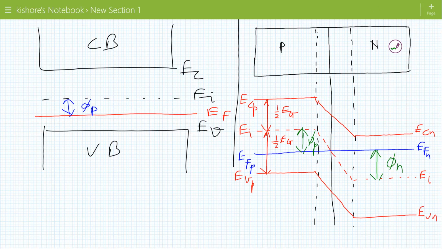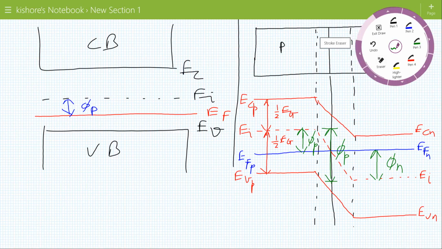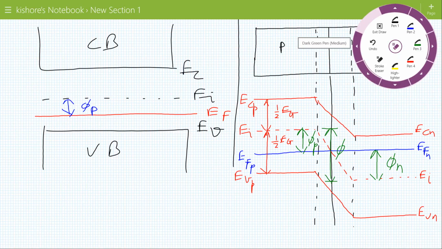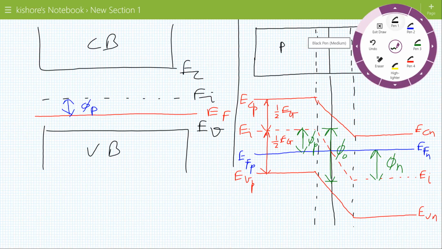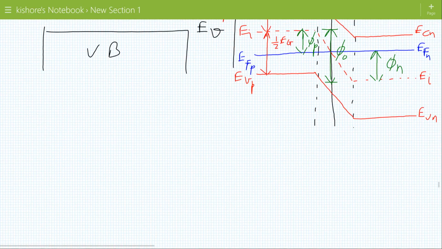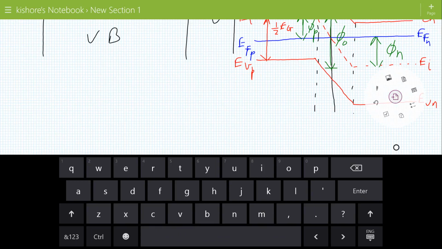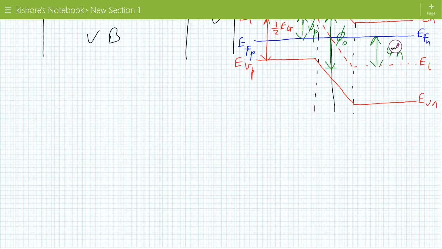So the summation of these two is phi naught. Phi naught is phi n plus phi p.